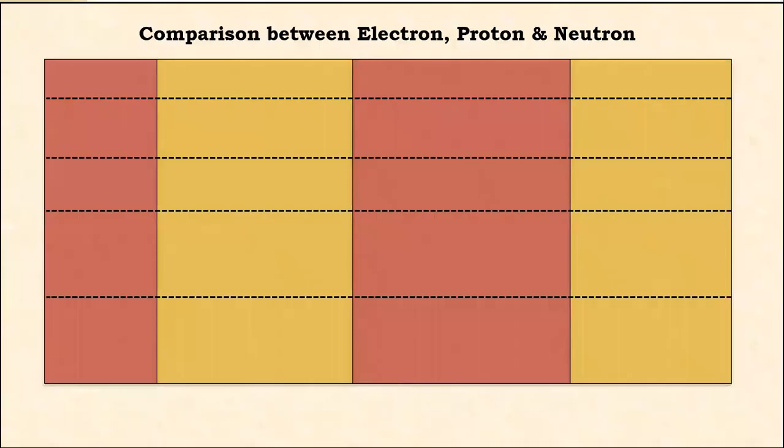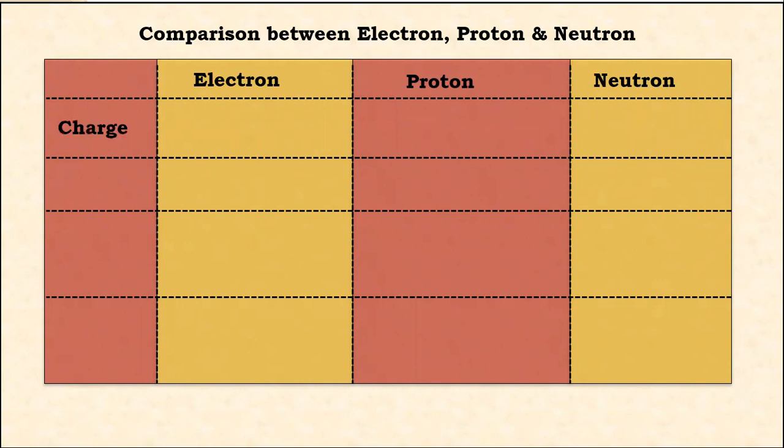So now students, let us study the basic properties or characteristics of the electron, proton and neutron. First we'll study the charge. As we just discussed, electrons are negatively charged, protons are positively charged, and neutrons have no charge. Now when we are drawing the structure of an atom, we will not write electron, proton, neutron.